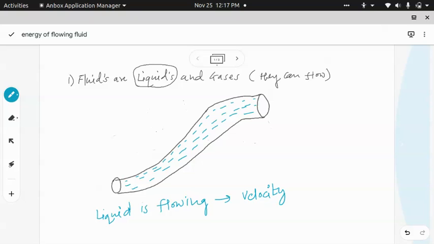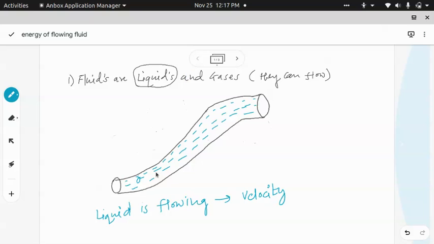Liquid flowing means that each liquid particle in this whole tube will possess a certain velocity. And if any particle or flow has a velocity, it should have which type of energy?